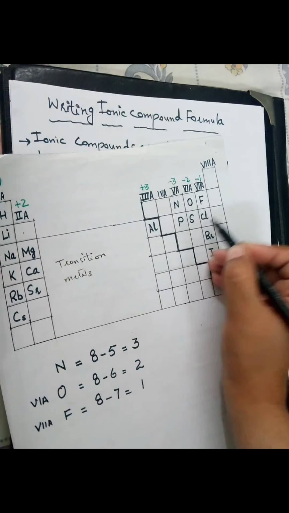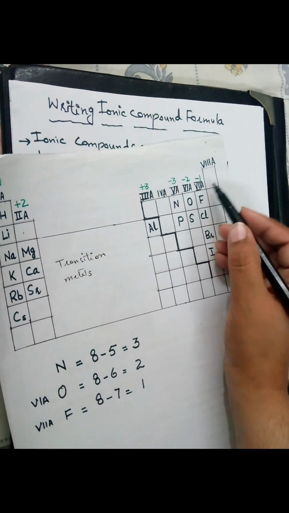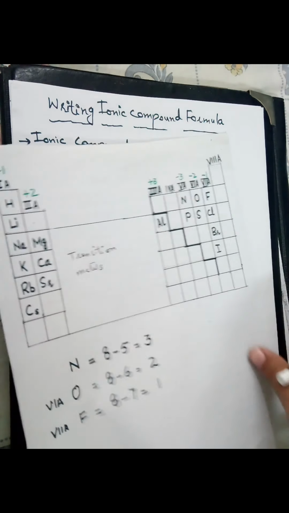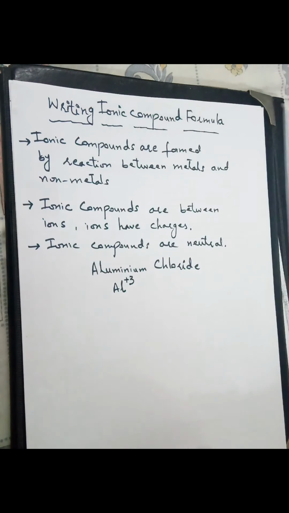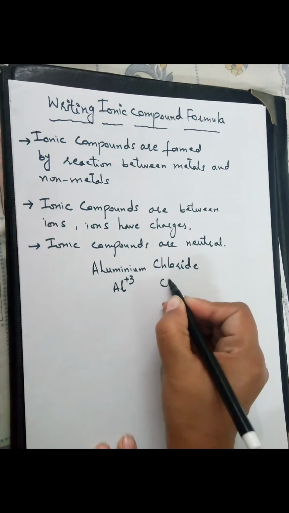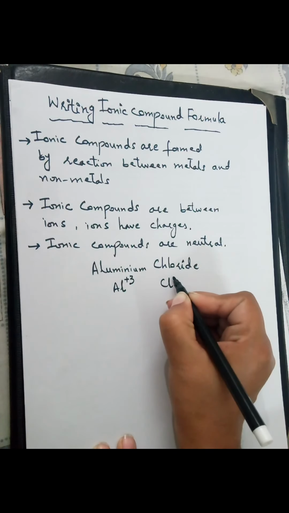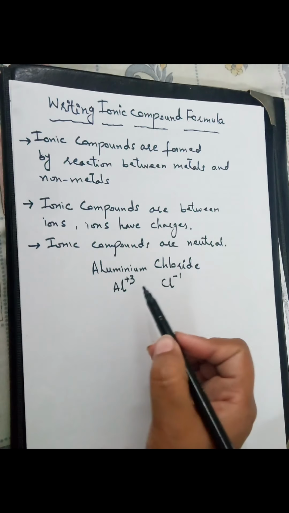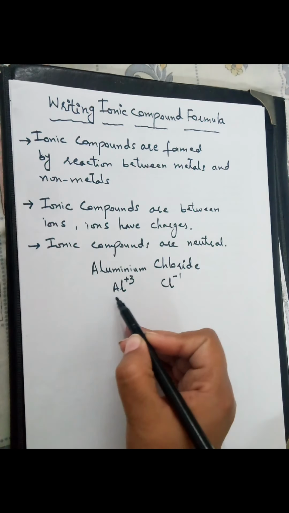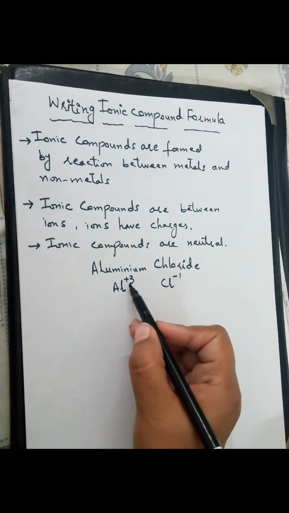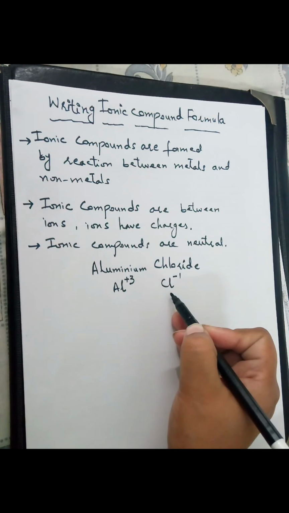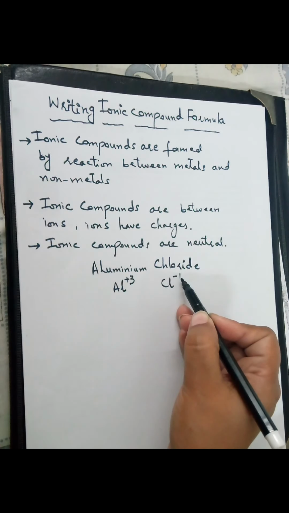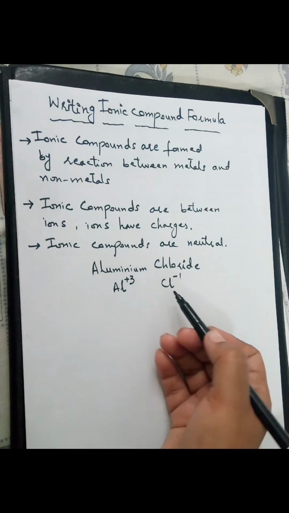And chlorine belongs to group 7A. Its charge is -1. Chlorine contains -1 charge. Now look at the charges. Aluminum contains +3 charge and chlorine -1. Are the charges balanced?